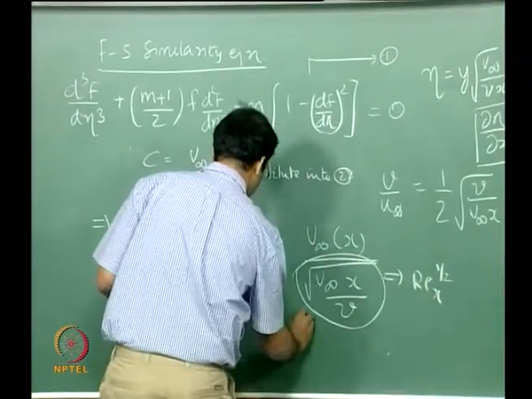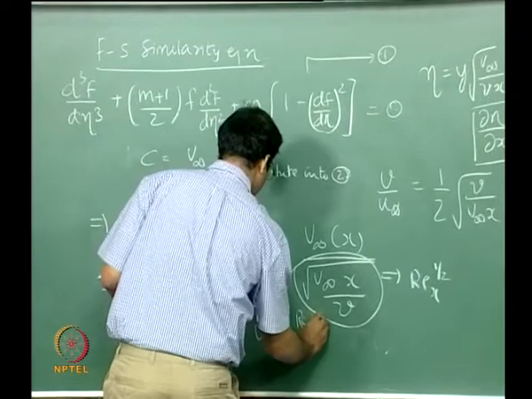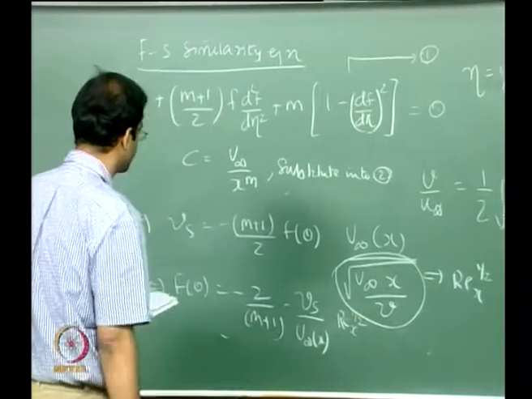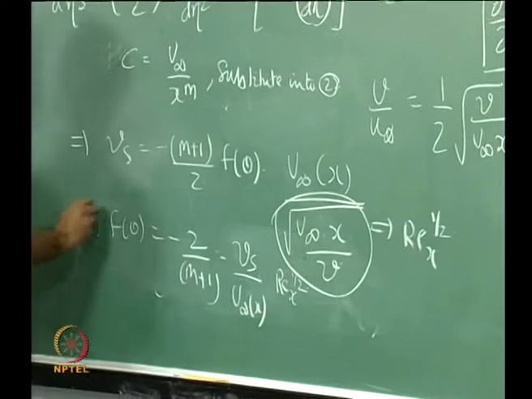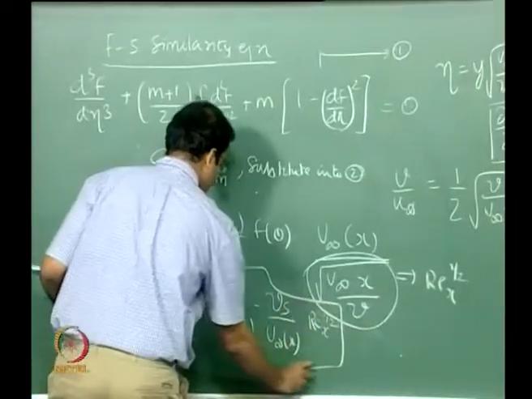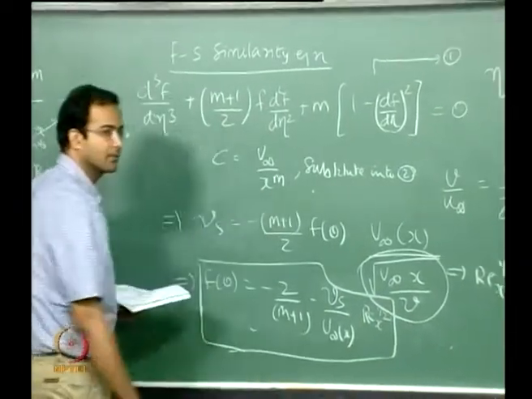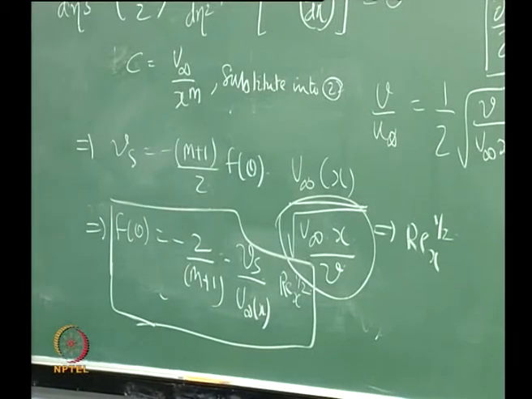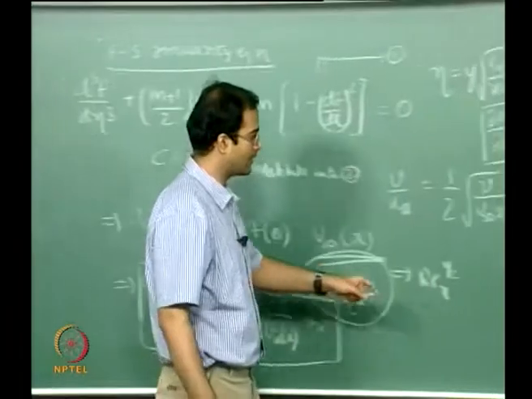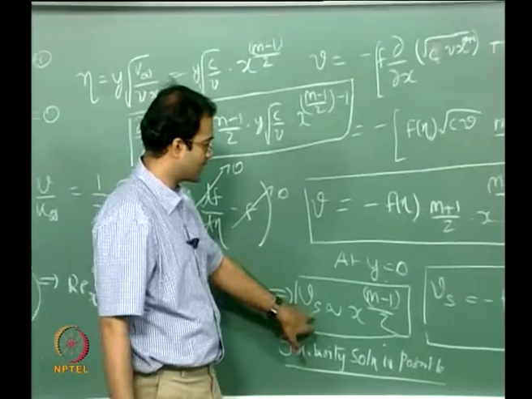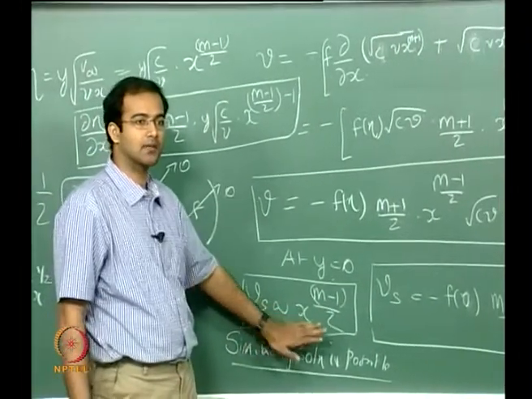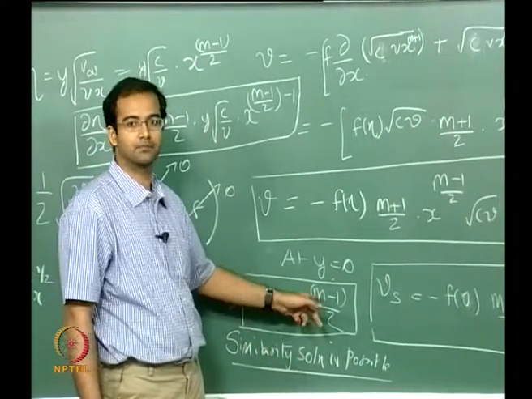So that will go to the numerator. So this is your boundary condition now. So you have put a condition on the variation of your transpiration velocity with your x, it has to vary this way for a given value of m.